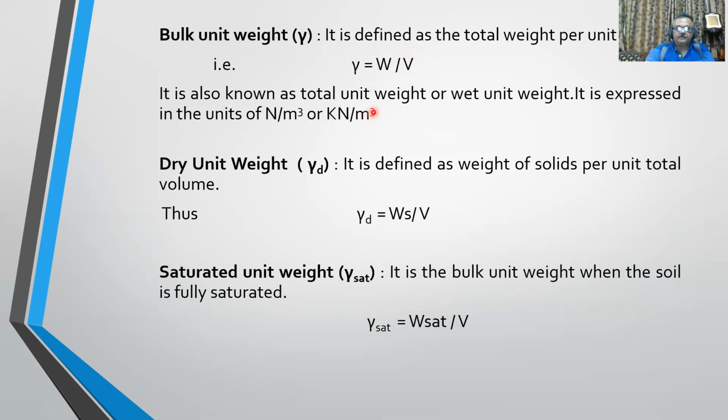So this is the difference between mass unit and weight unit. When you take the mass, you take the value in gram, kilogram, but in this case you have to take the value in Newton per cubic meter and kilonewton per cubic meter. Rest is the same; M is replaced by W in case of weight volume relationships.